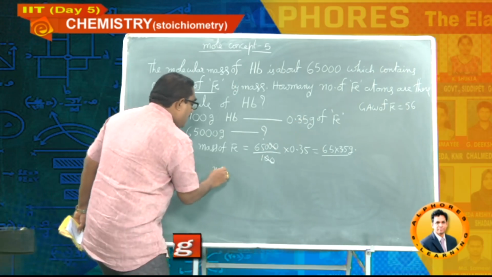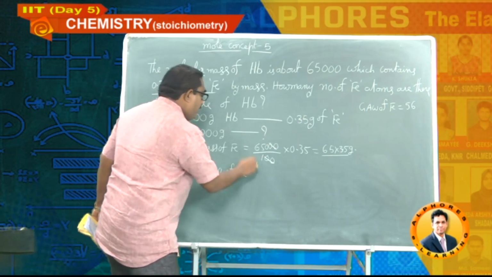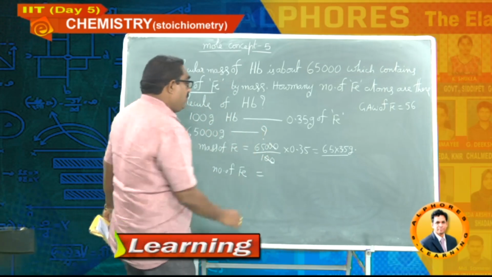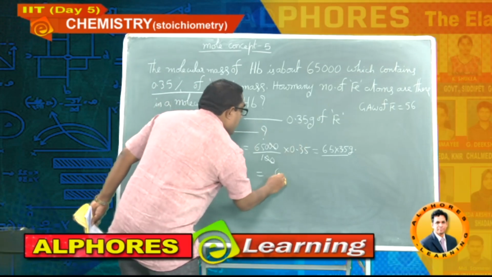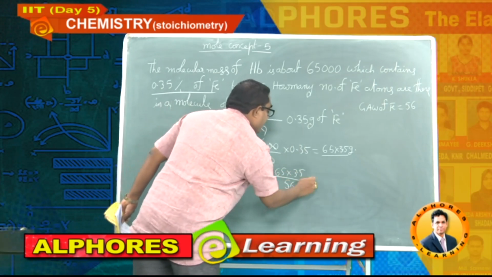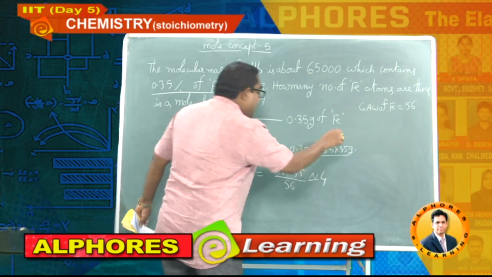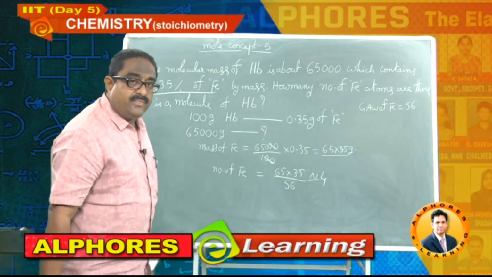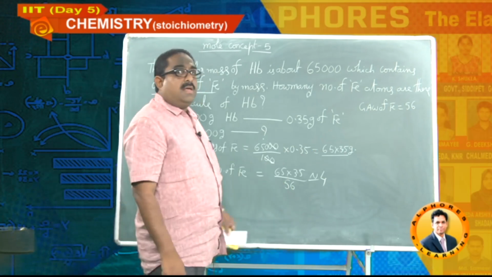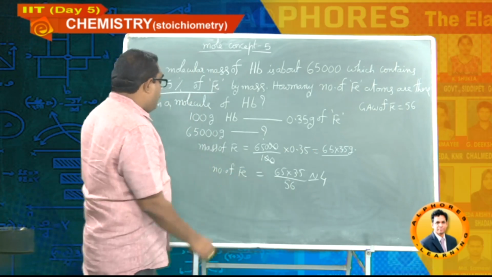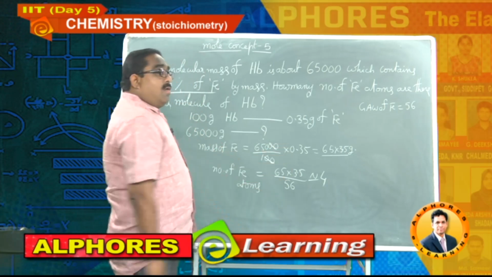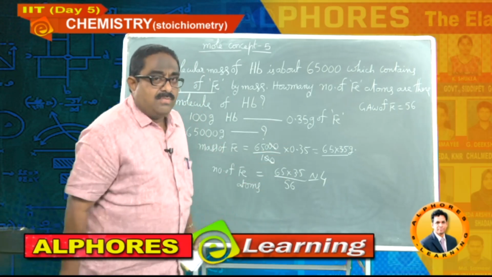Now I can calculate the number of iron atoms, you can simply write 65 into 3.5 by 56, approximately in round figure equal to 4. So this is the number of iron atoms present in one molecule of hemoglobin.